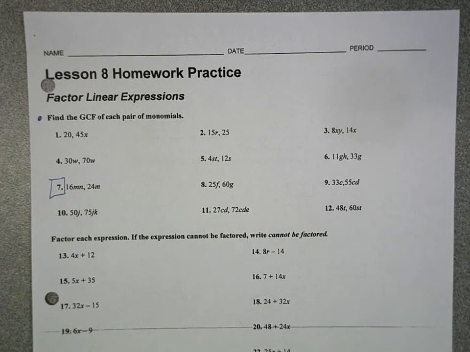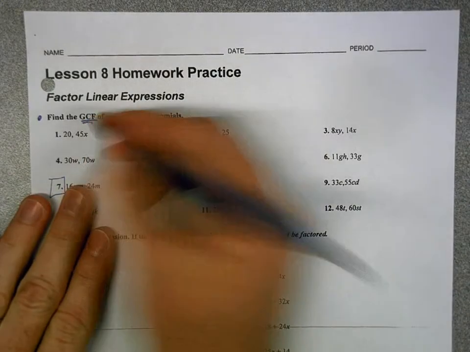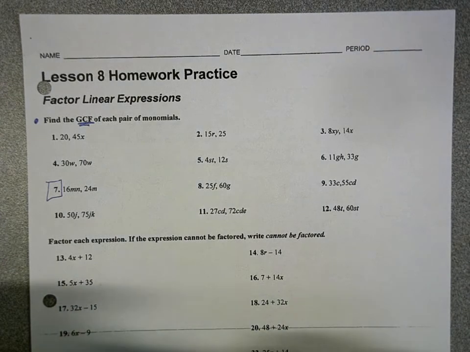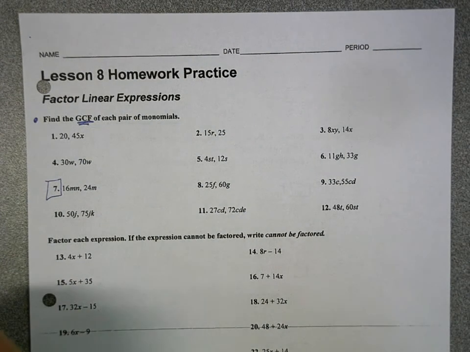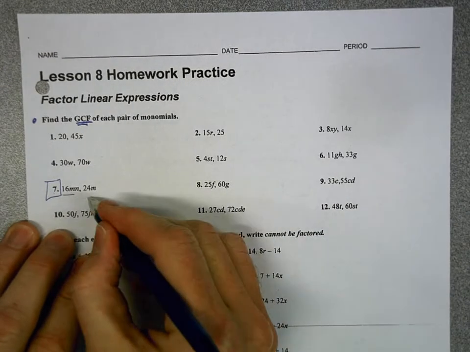Guys, GCF. What does that stand for? You remember? Very nice. Greatest common factor. A lot of times that's why you factored in elementary school, using factor trees or prime factorization. So we are going to find the greatest common factor of each pair of monomials. For example, number 7, they give us two monomials.